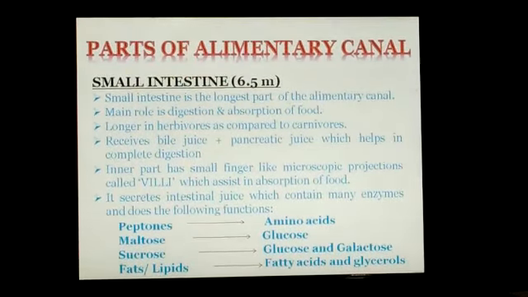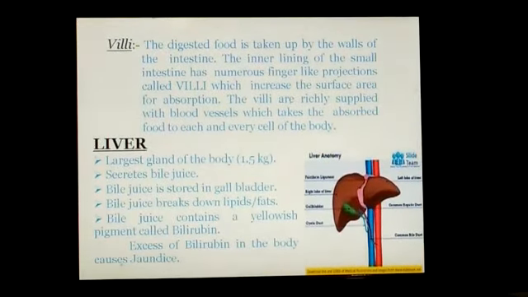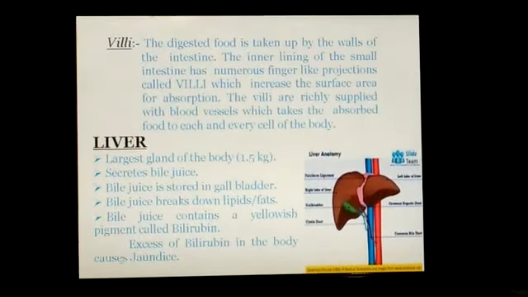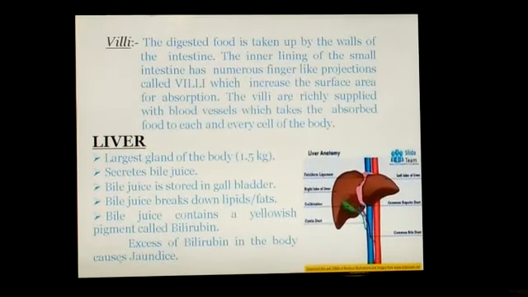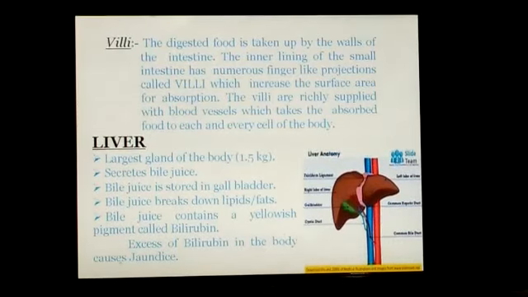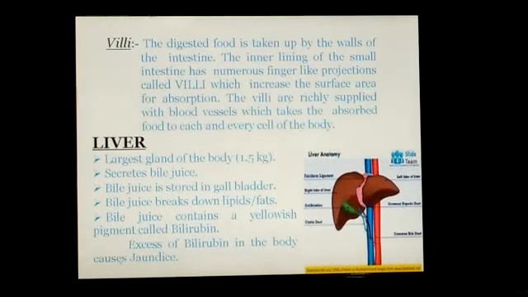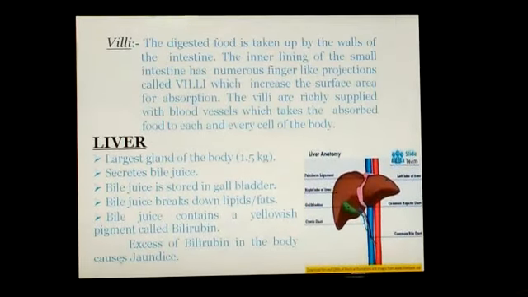That is the simplified form of fats and lipids. Fats and lipids are complex forms. So they will be digested into fatty acids and glycerol with the help of bile juice. But it is produced by the liver, please remember, and stored in the gallbladder.